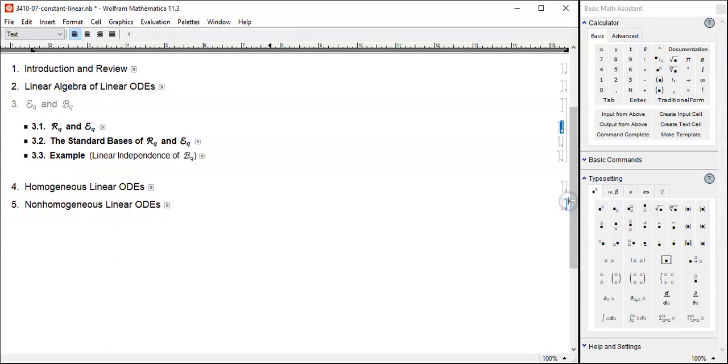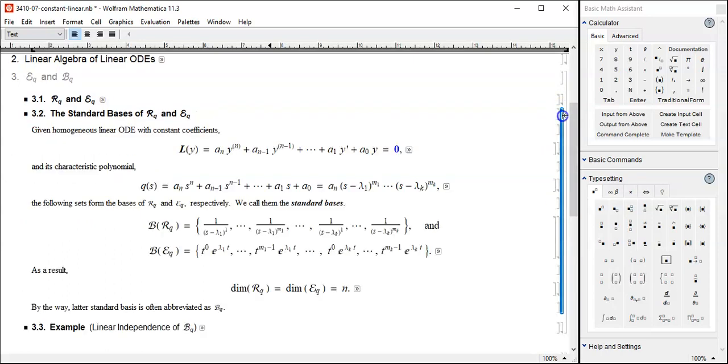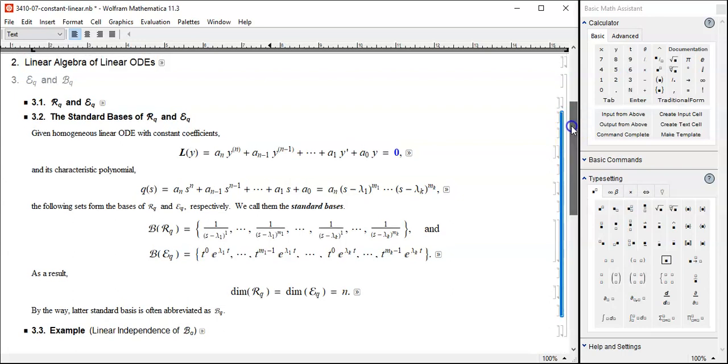The detail will be covered in a separate video. What we are going to do here is to establish the basis of RQ and EQ. Because we just proved those are linear spaces, maybe we can find bases. Indeed, the answer is yes. We can find the basis.